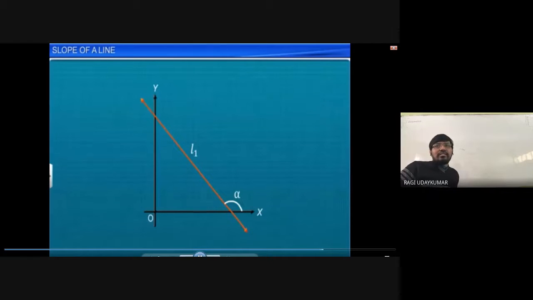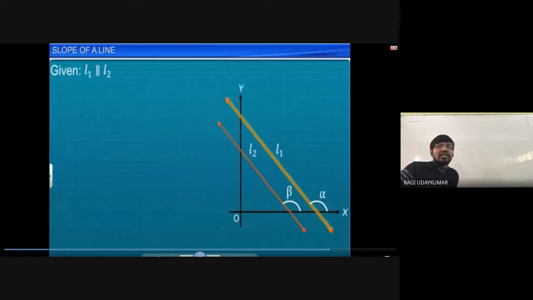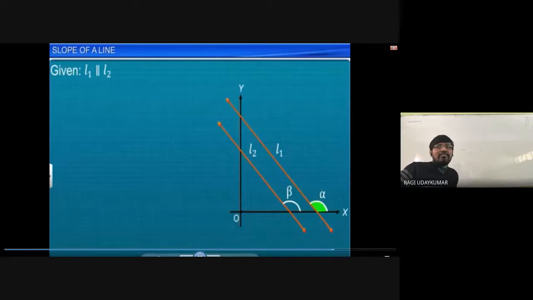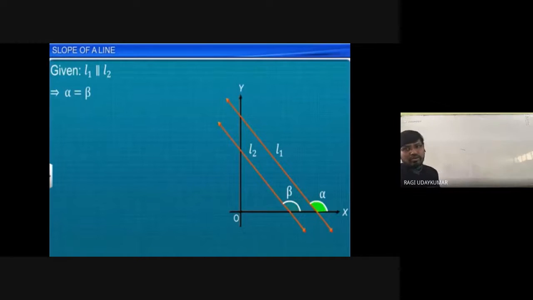Here line L1 is making an angle alpha and line L2 is making an angle beta with the x-axis in the anti-clockwise direction. Then their slopes will be equal if the lines are parallel. Lines are parallel means their slopes are equal. That means the angles are the same, because alpha and beta are corresponding angles. These two are parallel, so alpha and beta are equal.